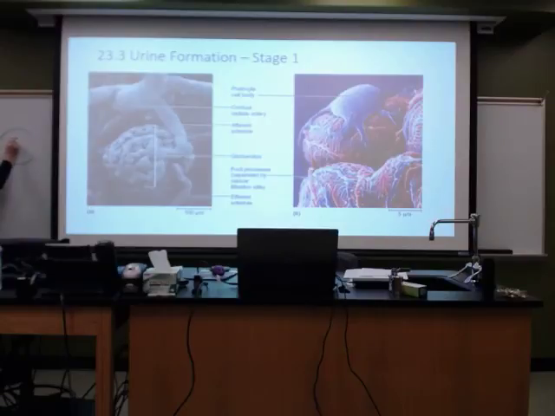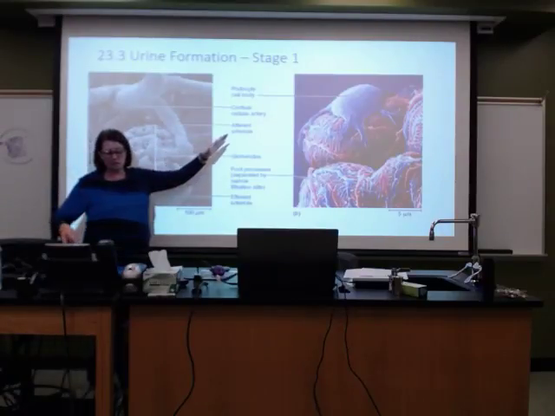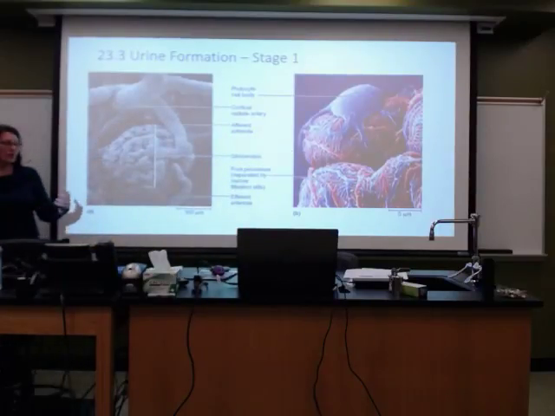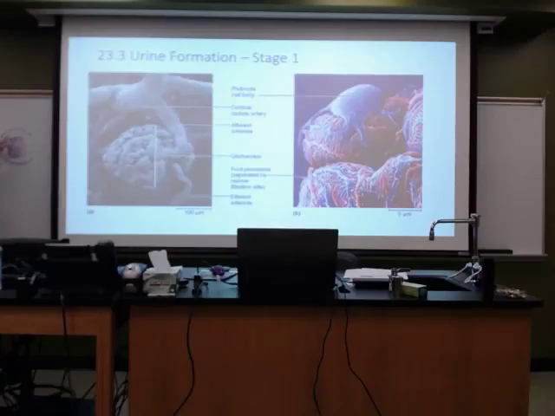And we're talking about what has happened in this basically ball of capillaries, where the blood has come in and has basically moved through this structure, and due to the structure of the glomerulus, we have now pushed those materials out into this capsular space.